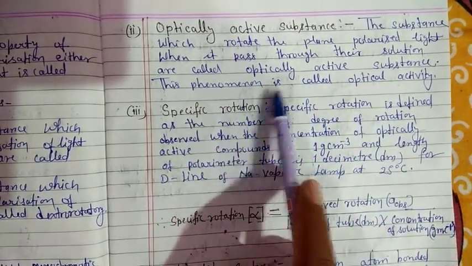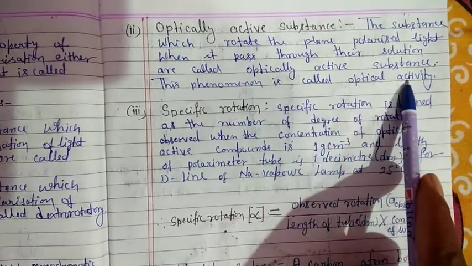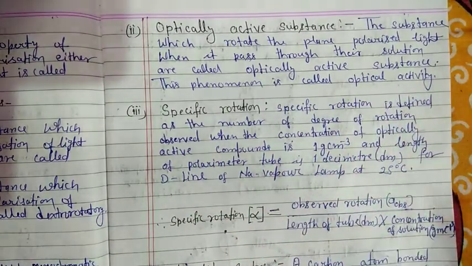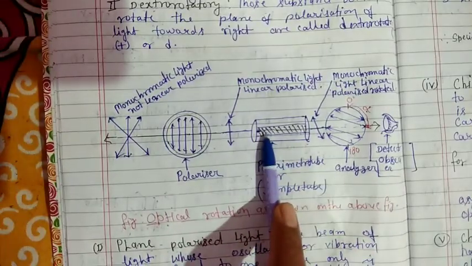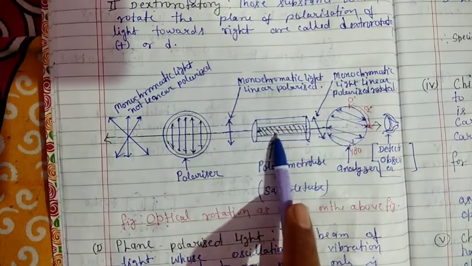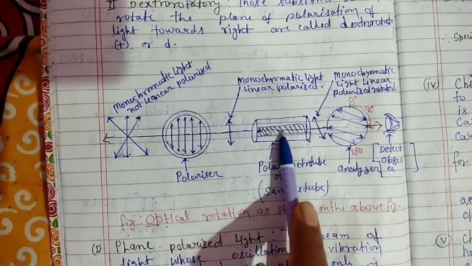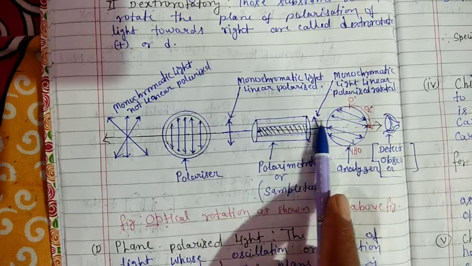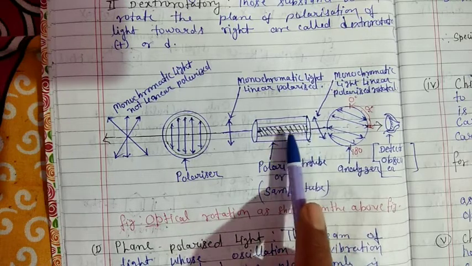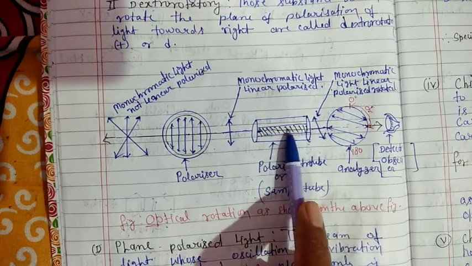This phenomenon is called optical activity. You see clearly, this is the polarimeter tube and here the organic substance is placed. If the substance rotates the light either left side or right side, it is known as an optically active substance.